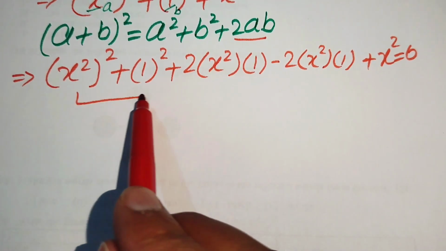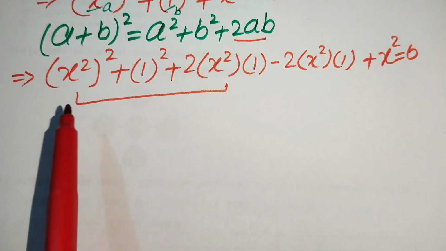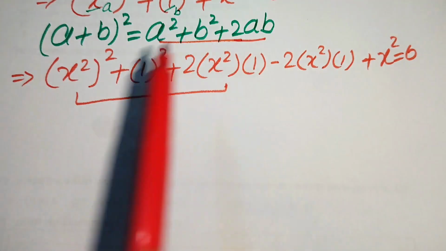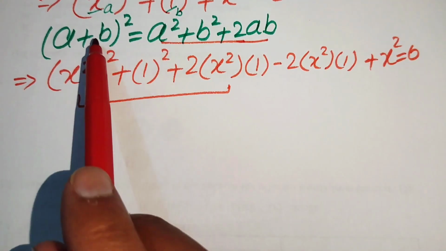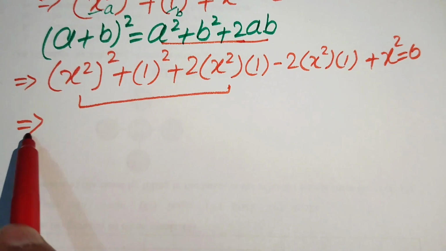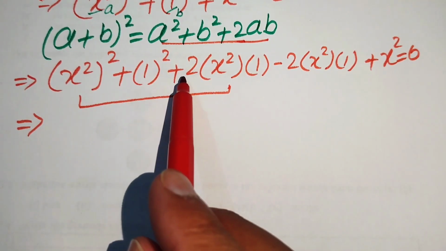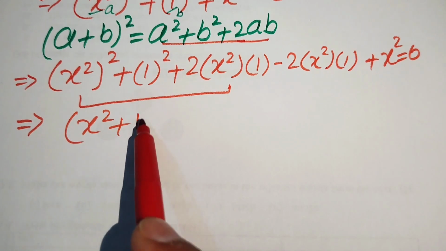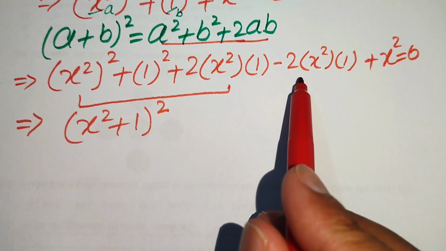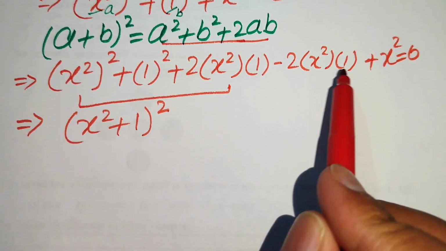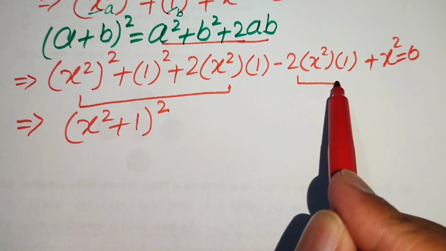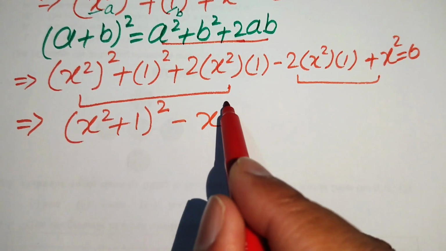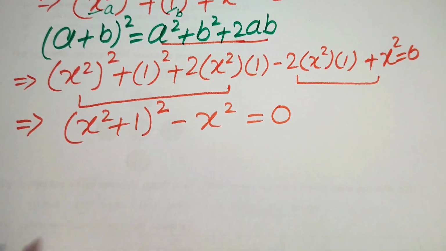Now you focus on the first 3 terms, and you see here a^2 + b^2 + 2ab. This is the formula. So we combine all these terms and write it as (x^2 + 1)^2, and here you have minus 2x^2 and plus x^2. When you add these two terms, you get minus x^2 equals 0.